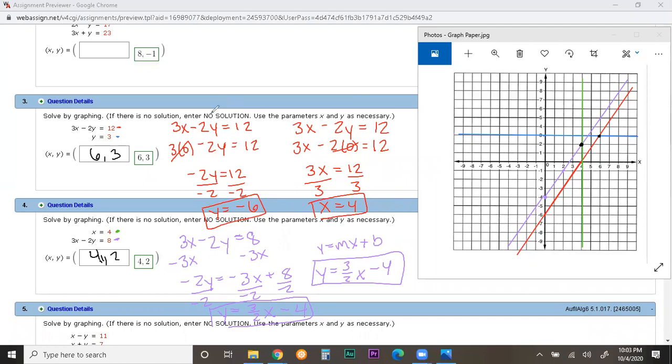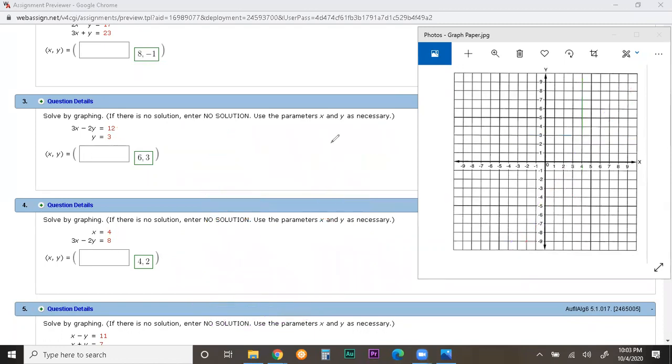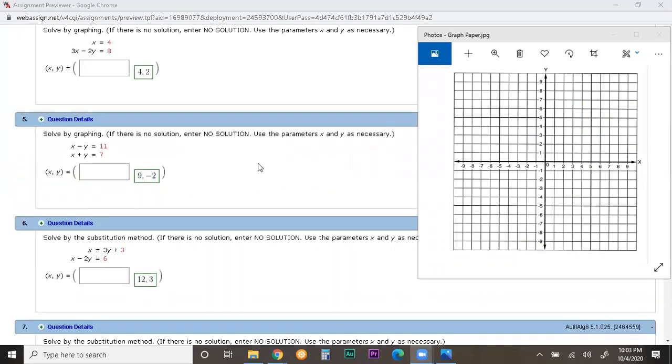So you would just have to write no solution, all right? If they turn out to be the same line, yes, that is infinitely many solutions. But in WebAssign, it is a certain way that we have to write that. Okay, so let's keep moving forward.